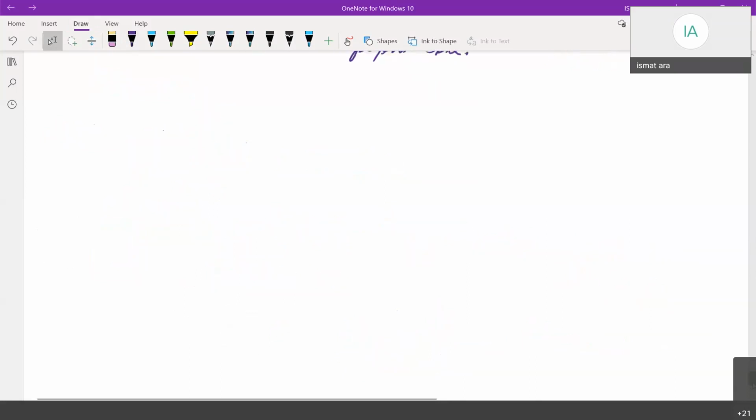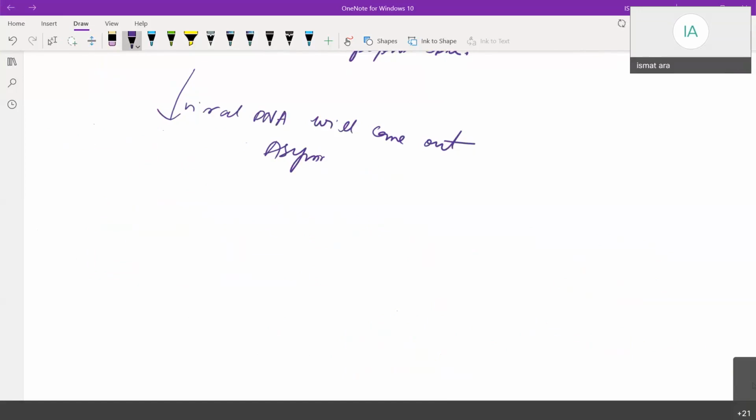Now, next one is the lytic life cycle, students. So what will happen? The virus particle which was integrated there will come out. So viral DNA will come out. What type of excision, student? Asymmetrical excision.